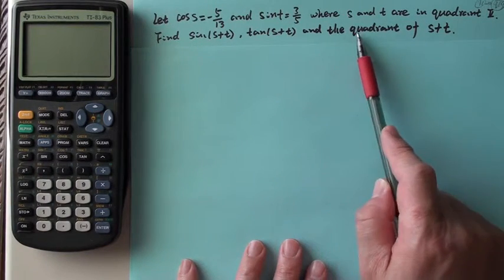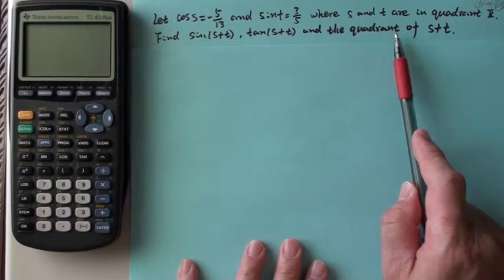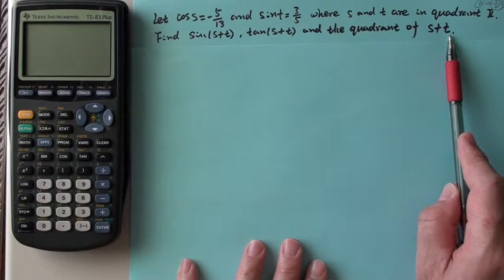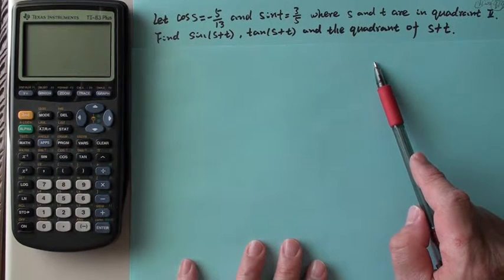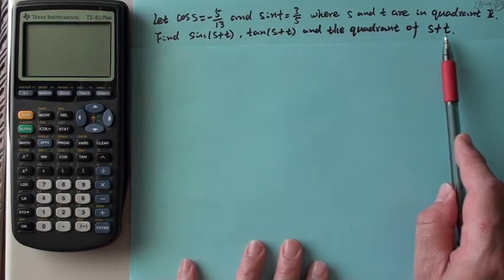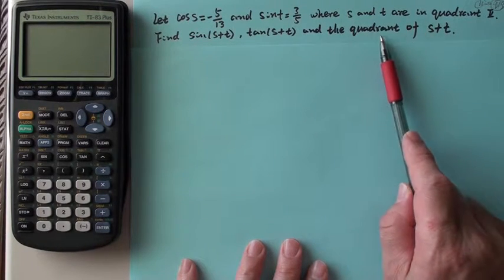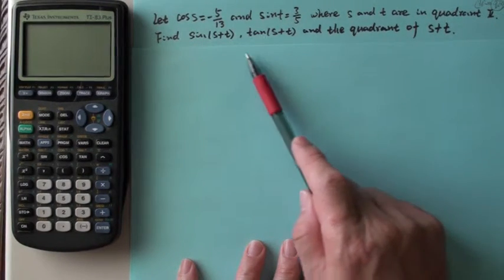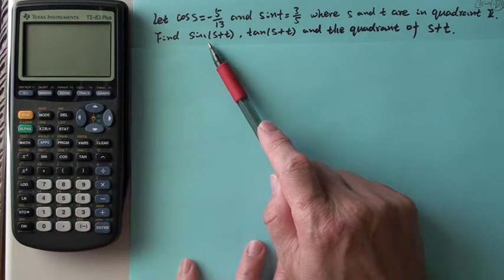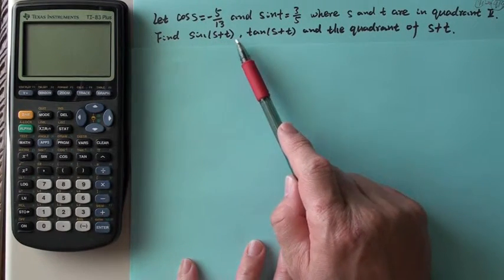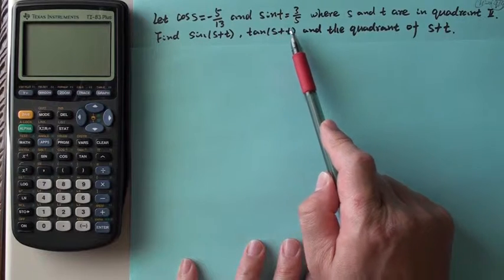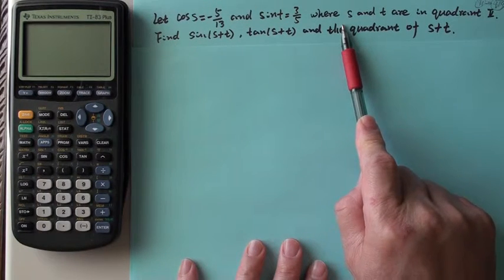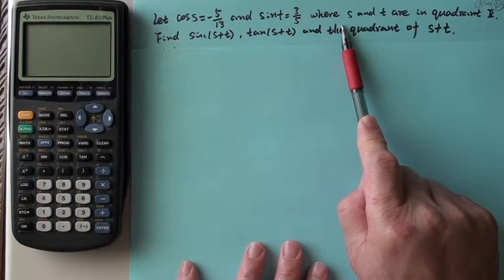We also need to know the quadrant of s plus t. Don't try to figure out which quadrant s plus t is in first. You want to figure out sine of s plus t and tangent of s plus t first. You will see why later.